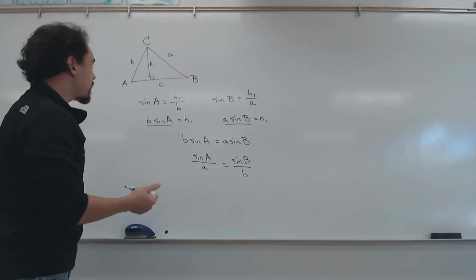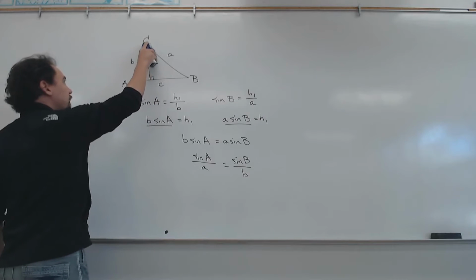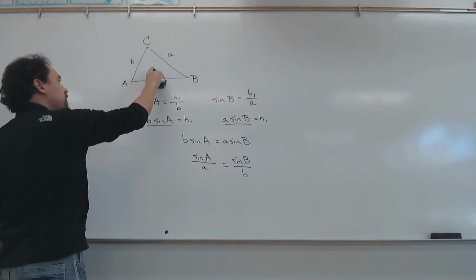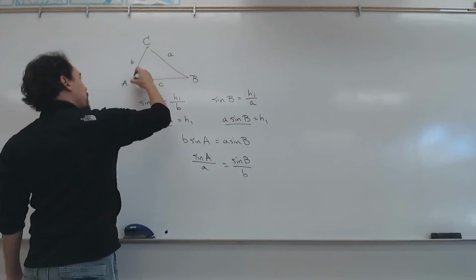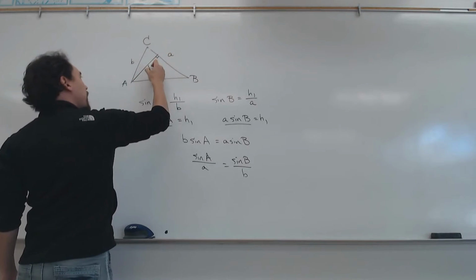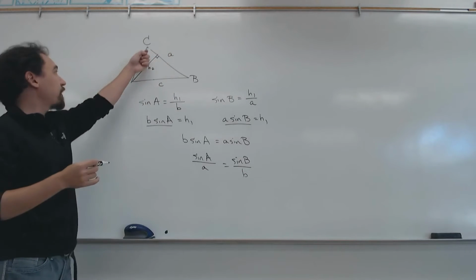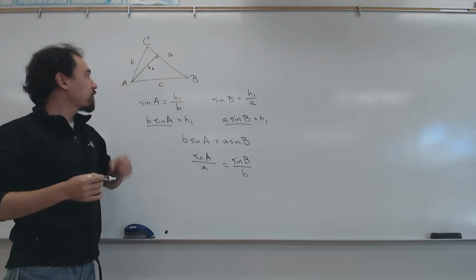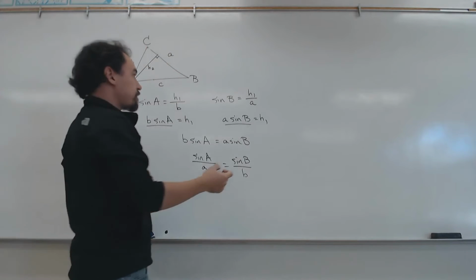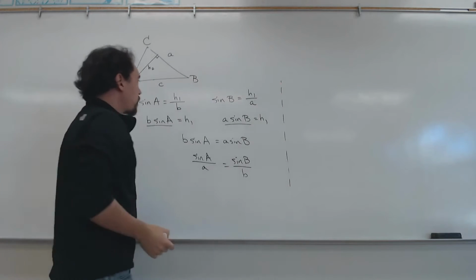What we can do next is eliminate this altitude and consider a different one. If we consider an altitude that way, we'll call this h2. Now we have a right triangle that involves angle C, and we have a right triangle that involves angle B. So let us perform the same analysis.